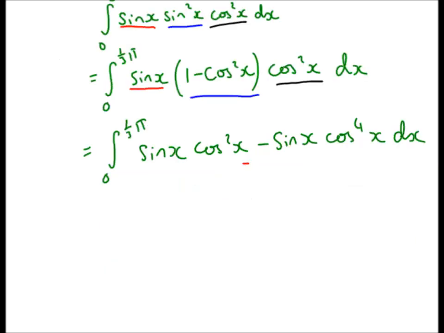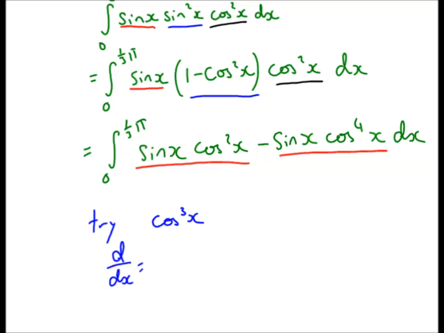So now I have 2 recognition questions to have a go at. For the first one, I'm going to try adding 1 to my power, so I'm going to see what happens with cos cubed x. When I differentiate that, I'm going to get 3 cos squared x times by what I get when I differentiate cos x.